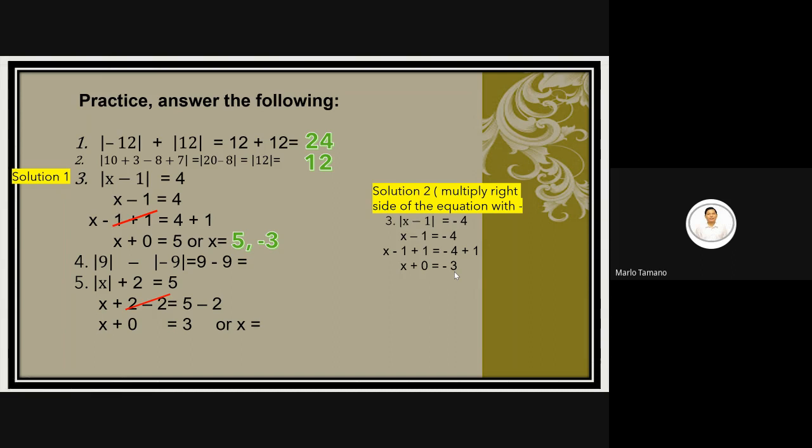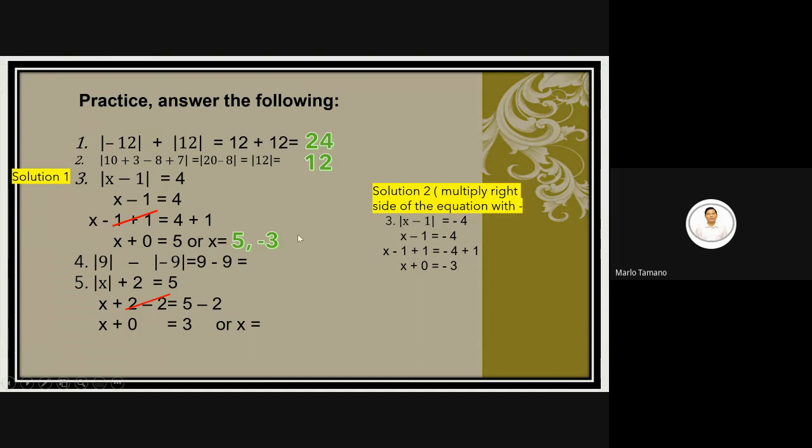So, kailan natin gagawin ito kapag ganito lang yung absolute value equation? So, the absolute value of x minus 1 is equal to negative 4. Then bring down, ilabas lang ninyo yung x minus 1. So, x minus 1 is equal to, bring down negative 4. Saan po galing ang negative 4, sir? Okay?